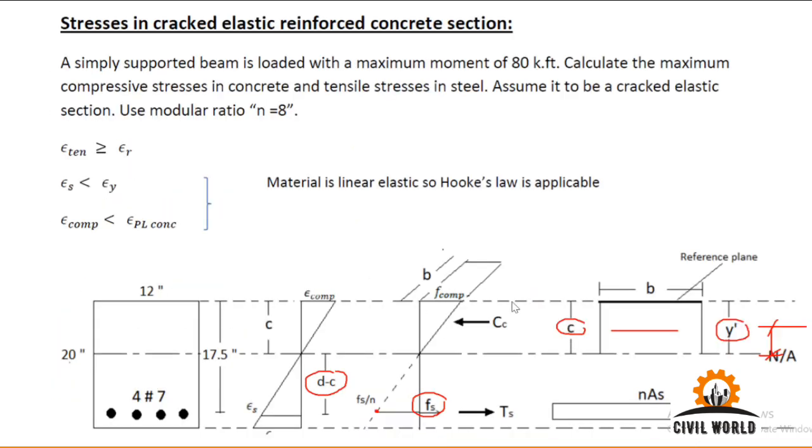Now, if you want to calculate stresses at any other point, suppose we want to calculate stresses in concrete at some location at a distance of 3 inches from the neutral axis, you can easily calculate them.